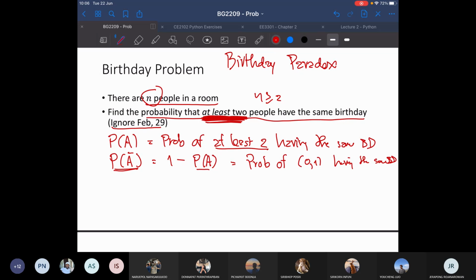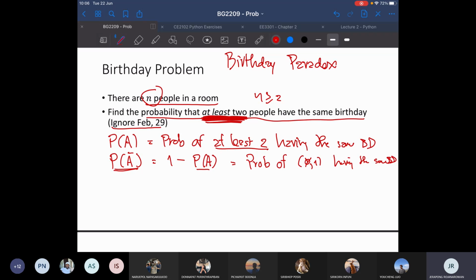Nobody having the same birthday is not going to happen. What about one having the same birthday?